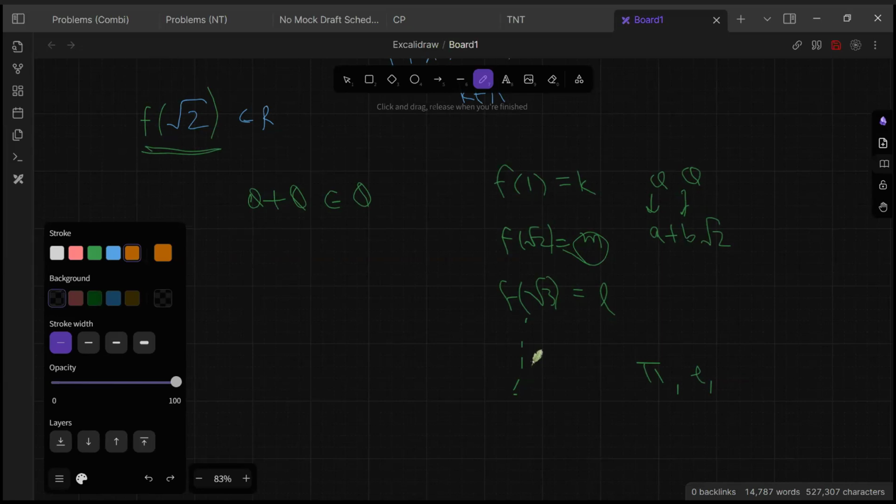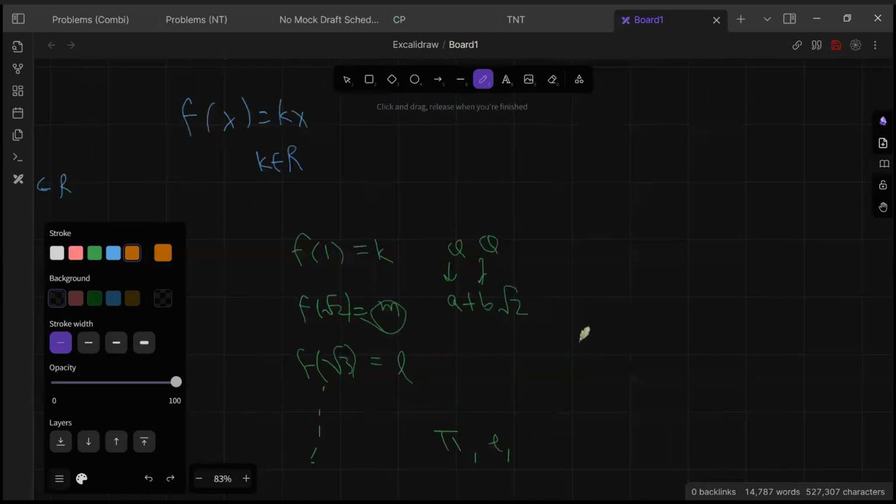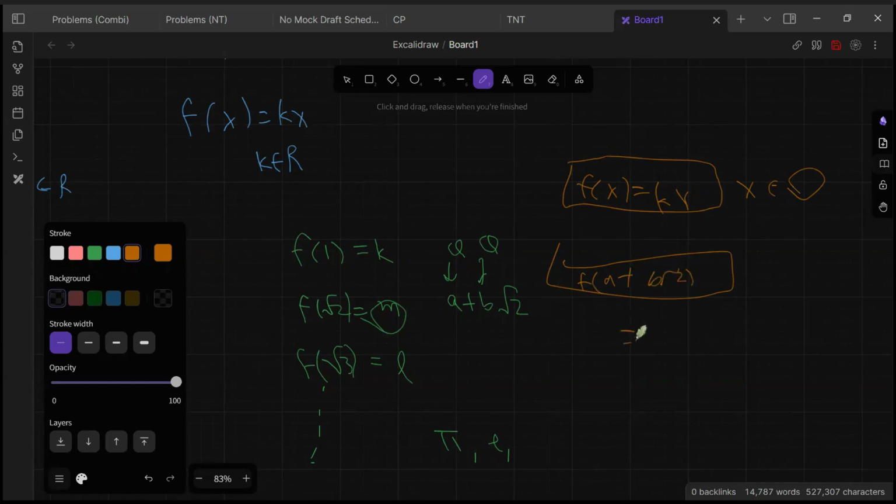I mean, the thing is, all the functions that are going to be like that are going to be piecewise. By piecewise, I mean we'll have some description for this set and some description for that set. So I can give you some really scam solution like f of x is kx for everything x in some set, and I can tell you that f of a plus b root 2 is equal to something else, exactly, ak plus b square root of 2 times l.